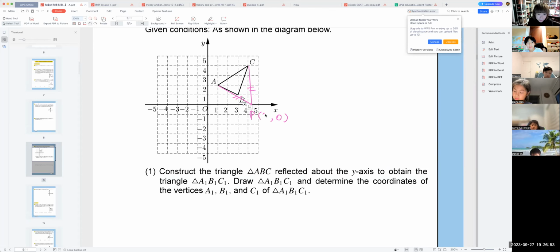Jason suggests it could be negative, like all the way back here, like negative 4.